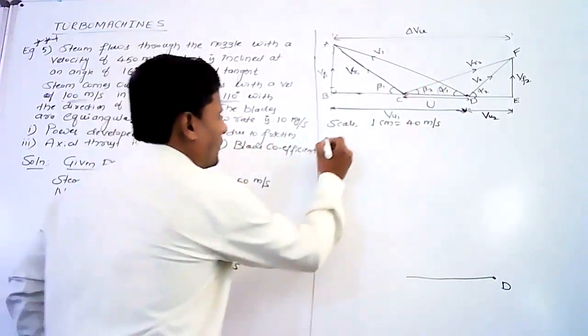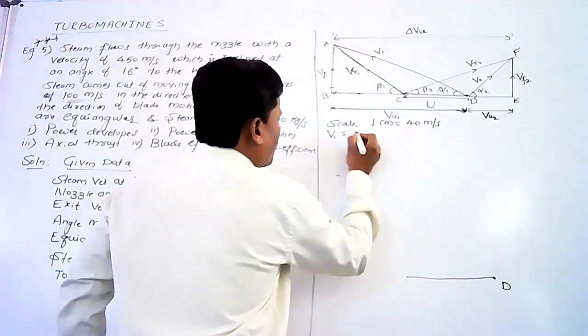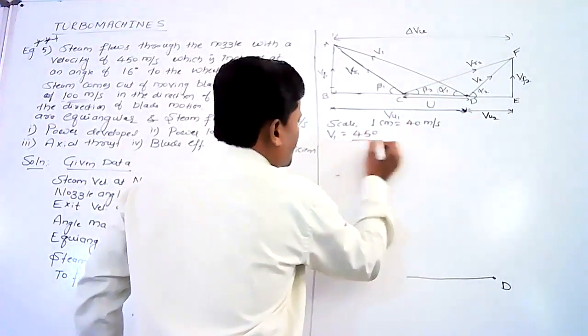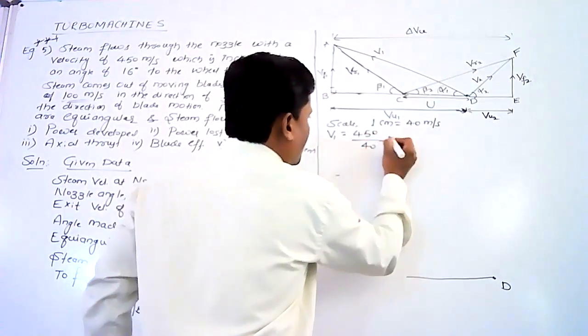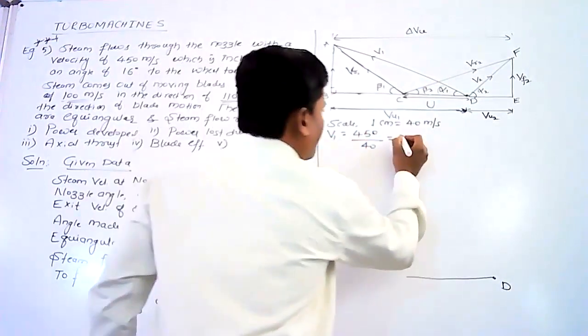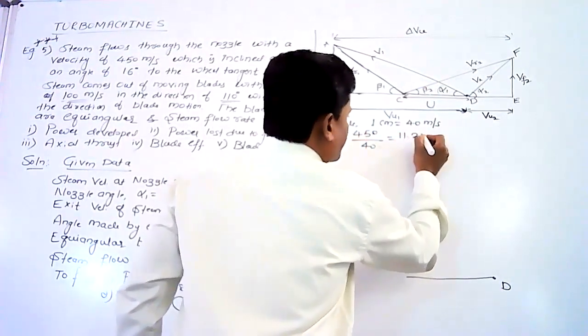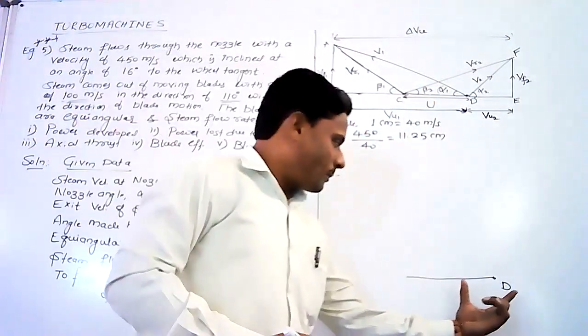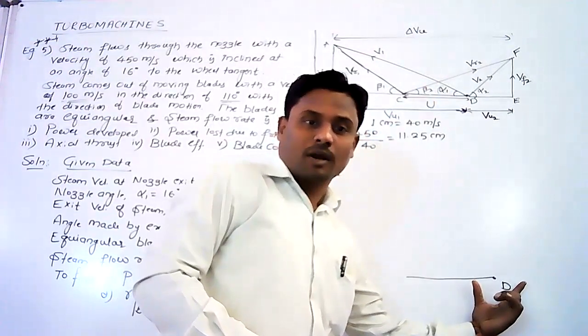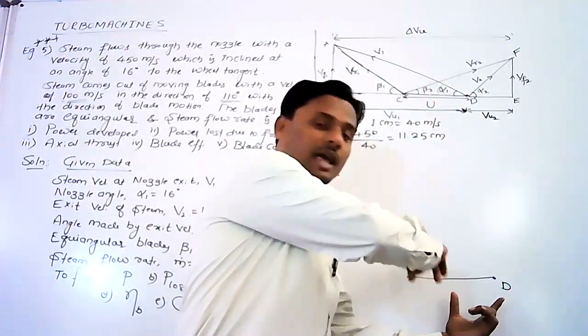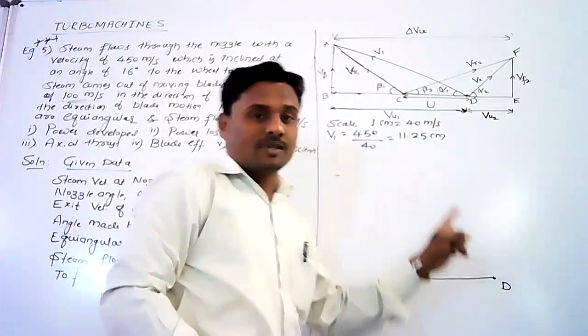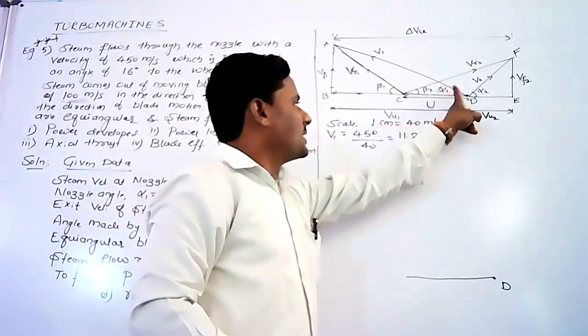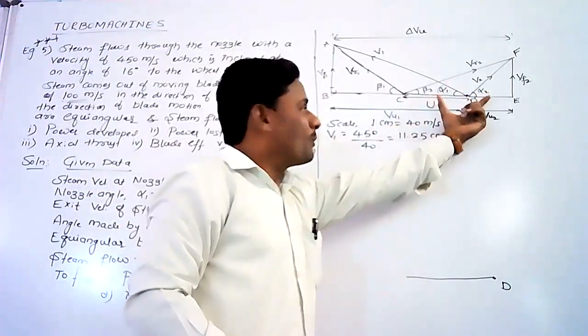Now V1 equals 450 divided by the scale, 40, so the answer is 11.25 centimeters. Now keep the protractor on point D and measure the angle in the clockwise direction.